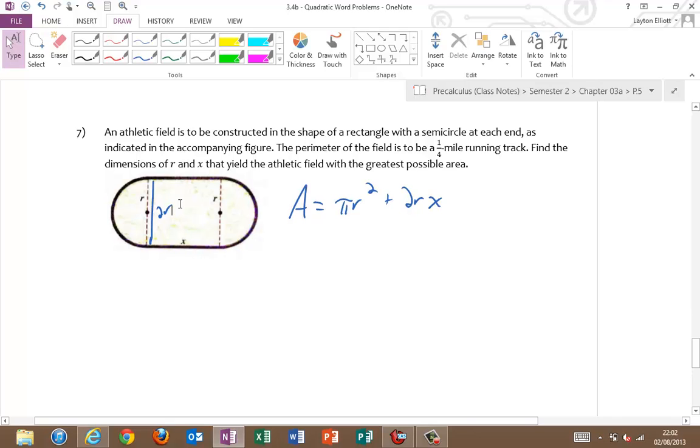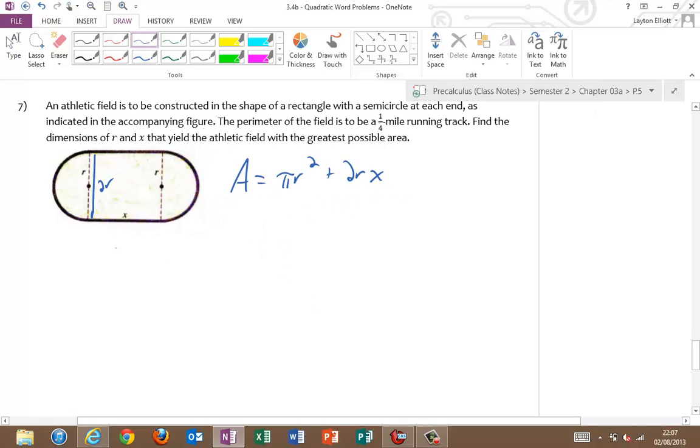Then we have to figure out, it says the perimeter of the field is 1/4 of a mile. Well, if we do our units in miles, I could say 1/4. A mile is 5,280 feet, and half of that is 2640, and half of that is 1320 feet.